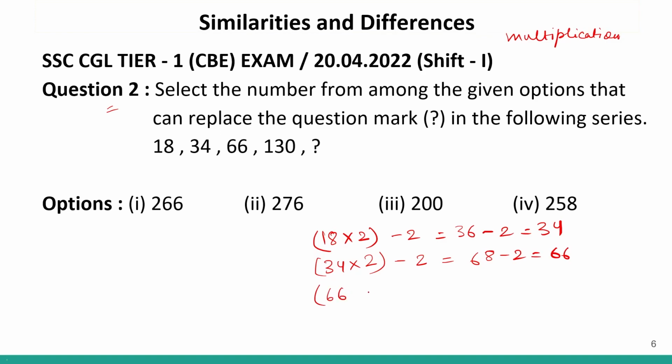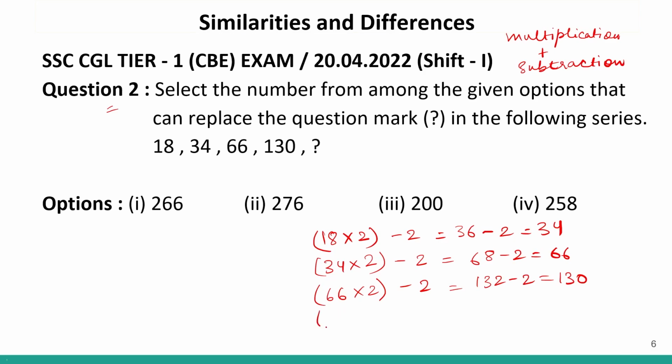Similarly, for 66, if I multiply it by 2 and subtract 2, I'll get 132 minus 2, which will be 130. So I can clearly see that I'm following two operations. The first operation is multiplying the term by 2 and the second operation is subtracting 2 from it.